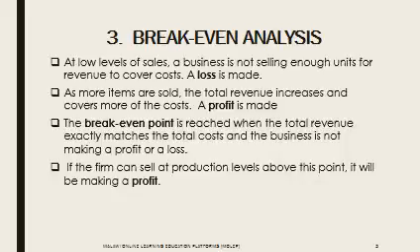Now, if the firm can sell at production levels above this point, it will be making some profits. So imagine you are selling your products above this break-even point, it means you are going to make profits because you are increasing the production levels above this break-even point.